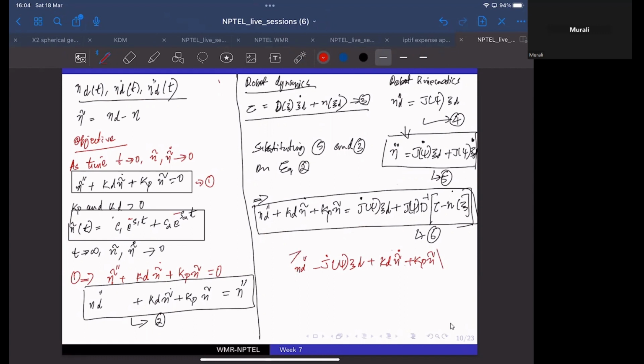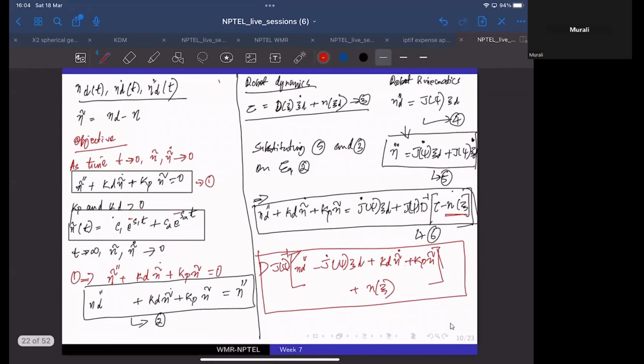Then you have to pre-multiply it first with j of psi zeta inverse. Then comes a D also. So D inverse, if you take this D inverse over to the other side. Then the remaining term would be this n of zeta. Right. So this is what your control input tau would look like.